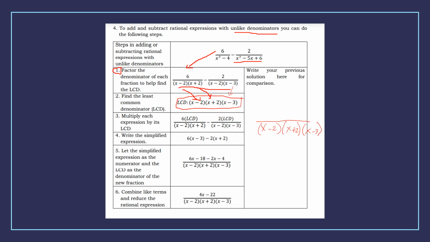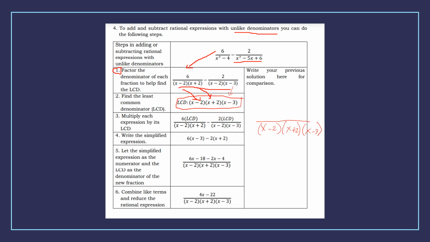The purpose of the LCD is this will be our dividend, and the denominators, our divisor.